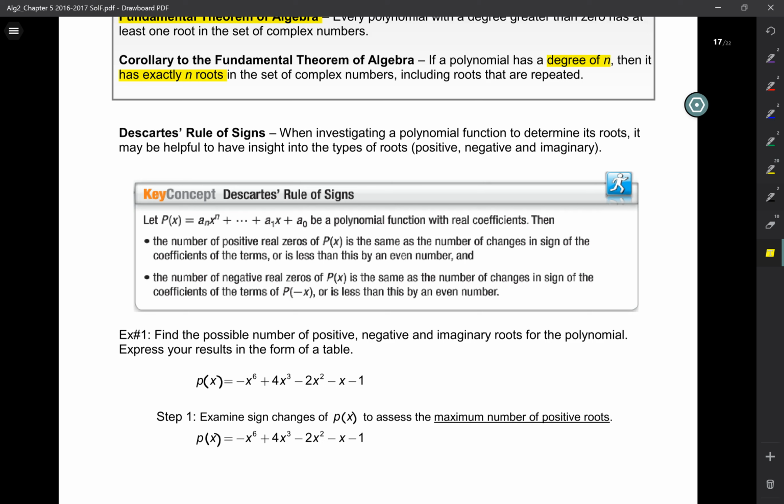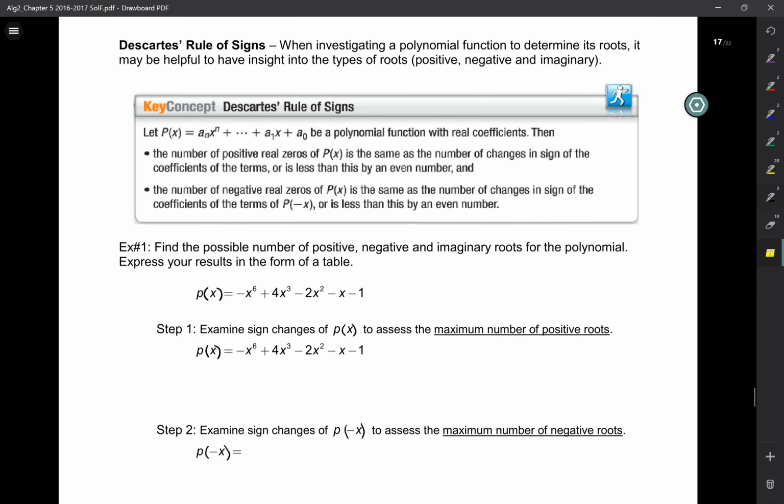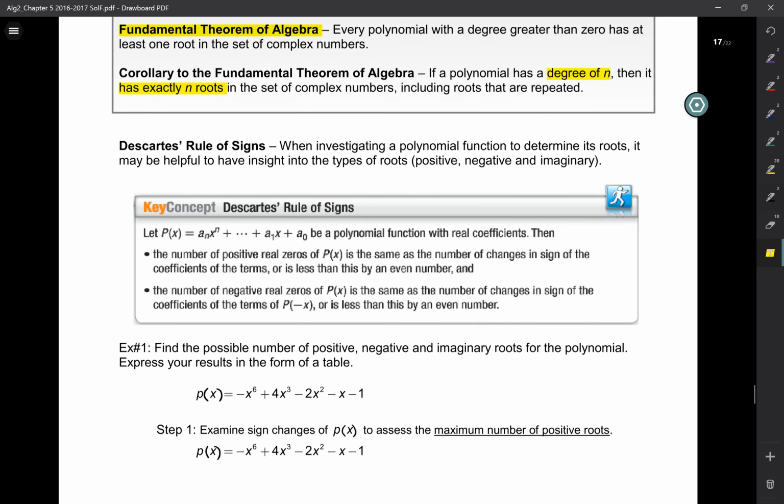So now, is there any way we could figure out more information about what type of roots? Well, so here's Descartes' rule of signs. Descartes was the French mathematician and philosopher to whom we owe the Cartesian coordinate system with x and y.